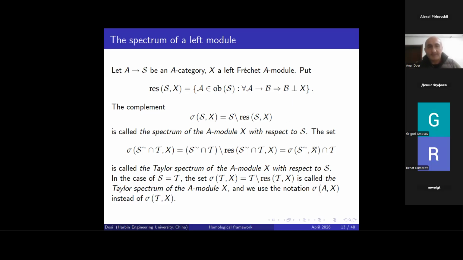That means in this relationship, we only use the trivial modules. Well, this is called the Taylor spectrum of the module with respect to S. If you choose just S, only trivial modules, this is called the Taylor spectrum of the module. Look, that's a complement. So the Taylor spectrum consists of only trivial modules. And we also use the notation sigma_A(X). So it's the Taylor spectrum.